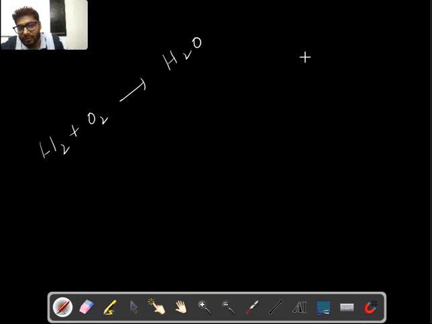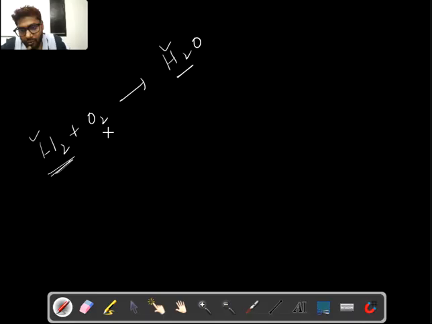This is very important, right? This is my convention for how to balance a reaction. We just balance all the particles on both sides in equal state. Here you can see there are 2 atoms of hydrogen, and here 2 atoms of hydrogen are there. So this atom is balanced.